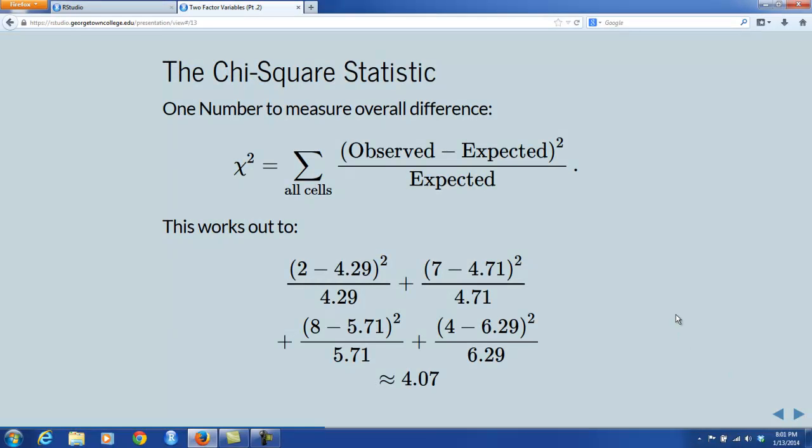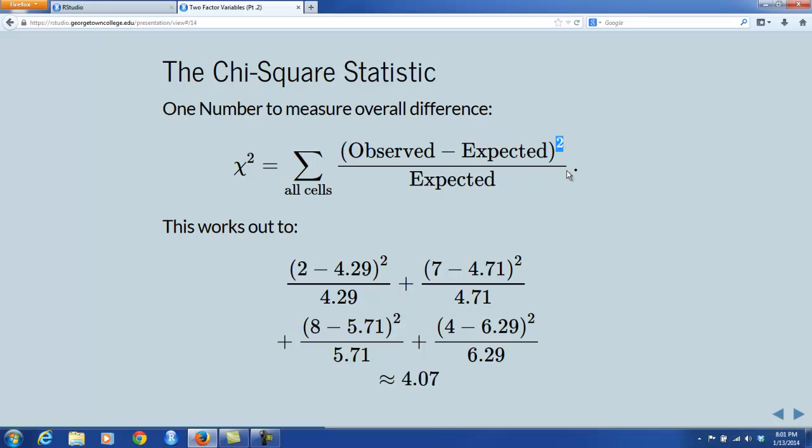Statisticians have a proposal for such a measurement. They call it the chi-square statistic. Although it's written rather like an X, that's the Greek letter chi, and here we have chi-squared. Here's the formula for it. To find the chi-square statistic, for each cell, you take the observed count that you actually saw, you take the expected count, what the null expected, you look at the difference, and you square that difference.